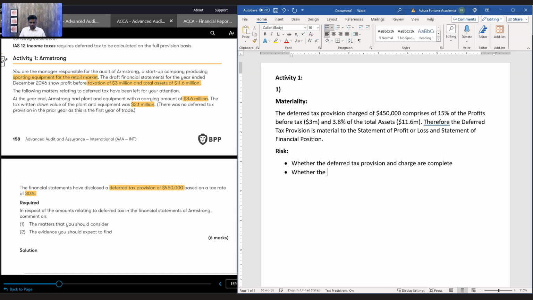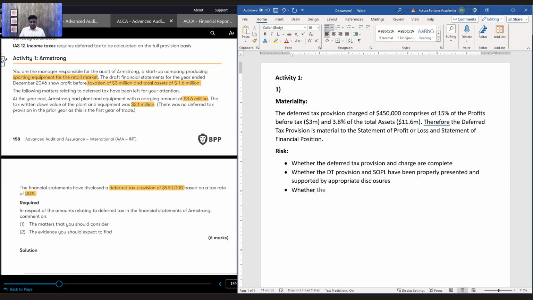Second, whether the deferred tax provision and statement of profit or loss have been properly presented and supported by appropriate disclosures.